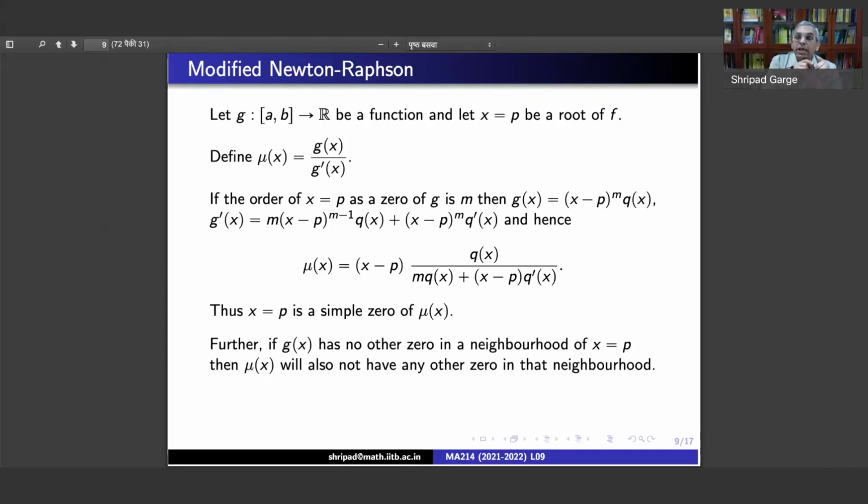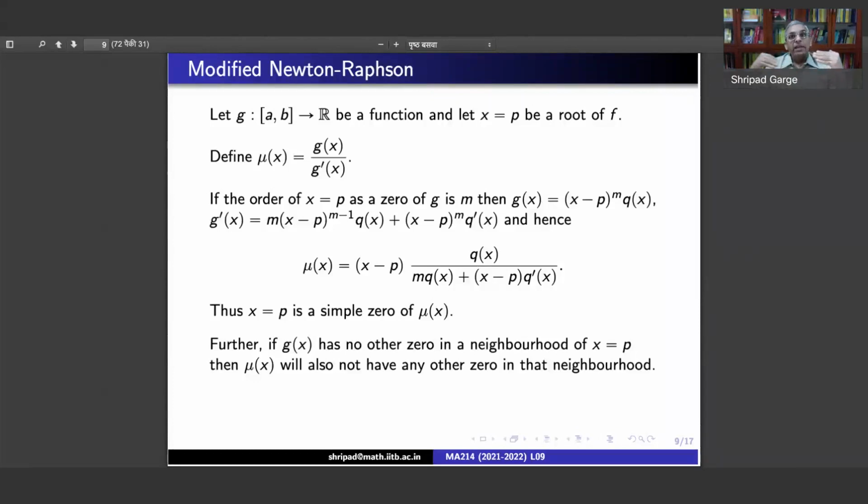So g(x) cannot have any other 0 than p, and therefore mu will also not have any other 0 in that neighborhood. So whenever you are approaching a 0 of mu, it will have to be p, and therefore that will give you the original 0 of g that you were looking for.